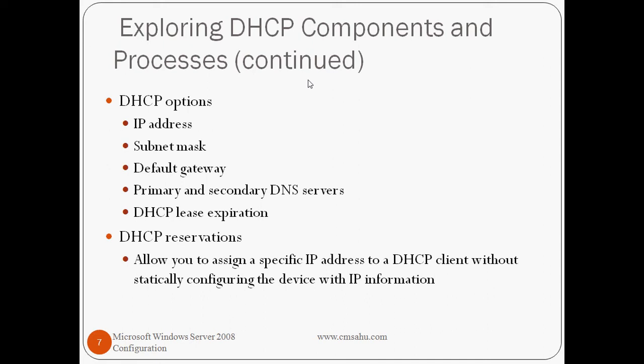We reserve one IP address for a particular client, particular device. So when the device connects to our network, that particular IP will be assigned to it. So this is called reservation.